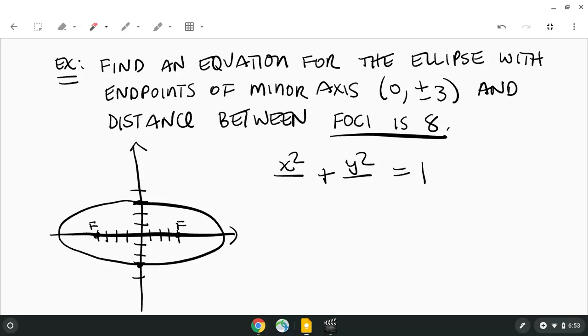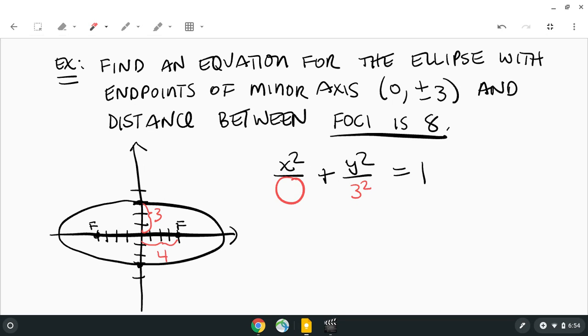So we know that this distance is 3. So over here, under the y value, the y squared is going to be 3 squared. This one is missing. This focal distance is 4. So I know my c value.